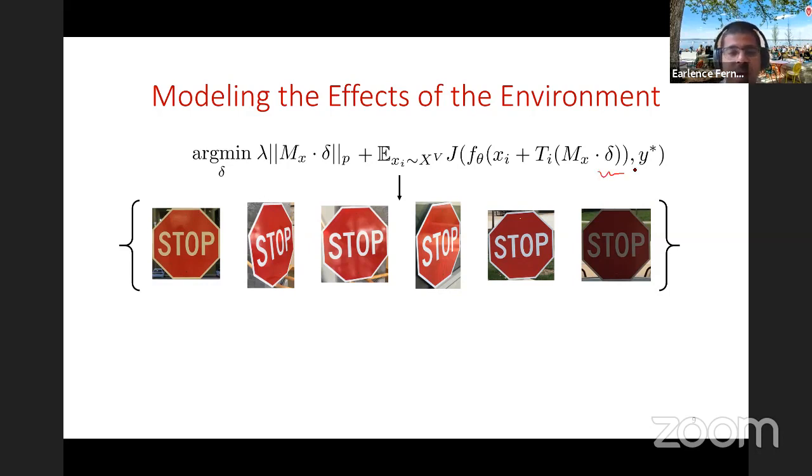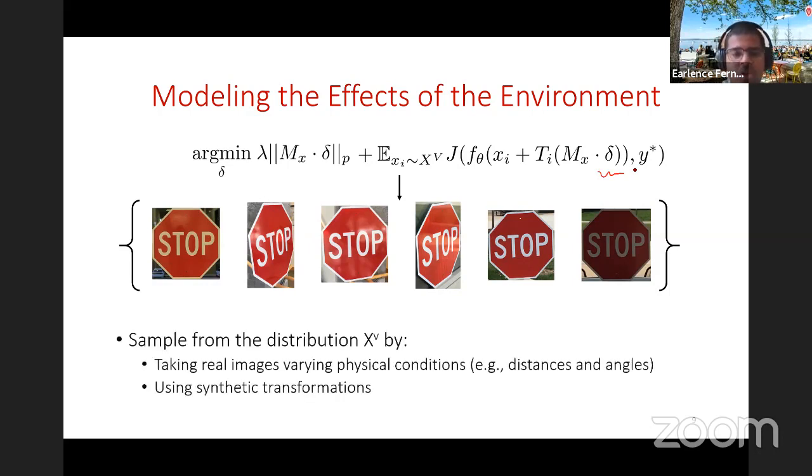The idea was to optimize over a set of images such that, in expectation, your adversarial perturbation gains robustness to those chosen features through those chosen images. There are multiple ways to sample from this distribution. We ended up doing a combination of taking actual real images in the real world that simulated these environmental conditions, and synthetic transformations as well.